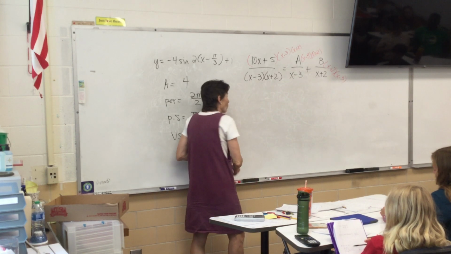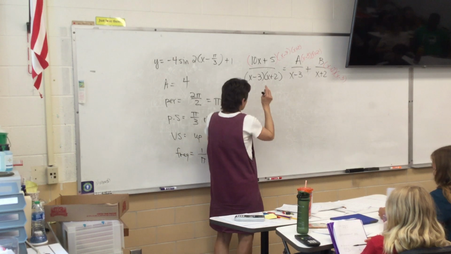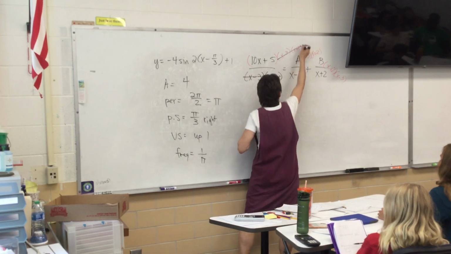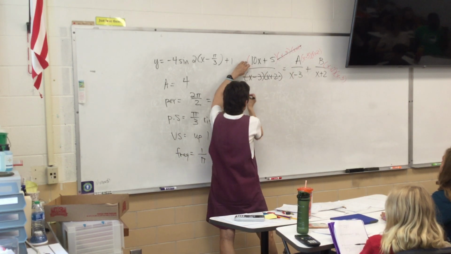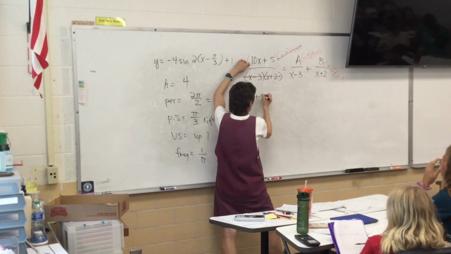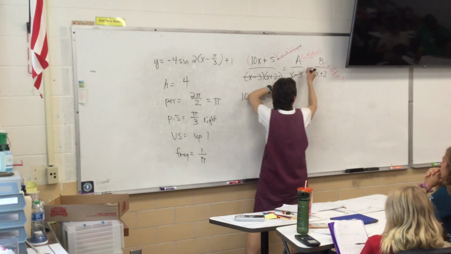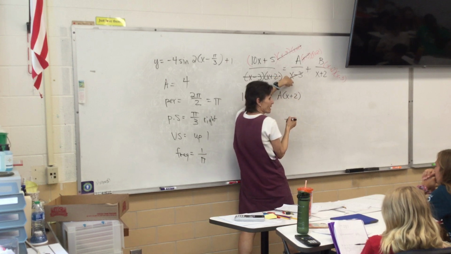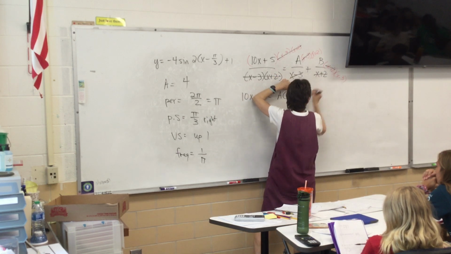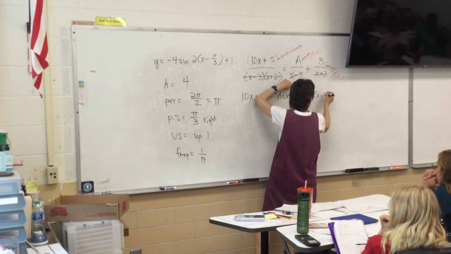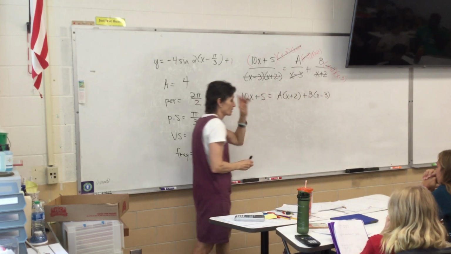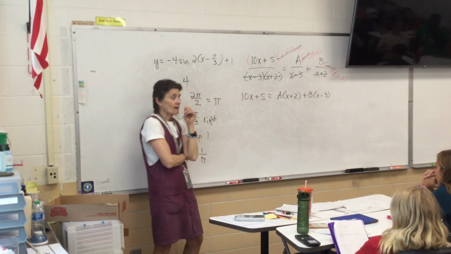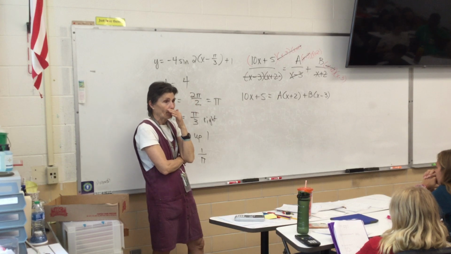Just understand that what you are doing is multiplying by the denominator. So all you have left is 10x plus 5 on this side. These will cancel and leave you with A times (x plus 2), just like Sir said. These will cancel and leave you with B times (x minus 3). Okay, got rid of the fractions. Now what?